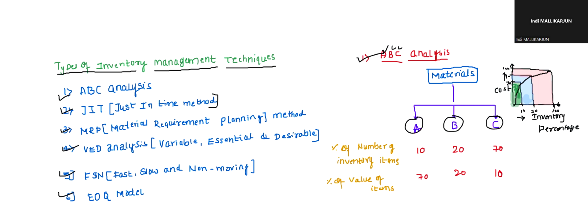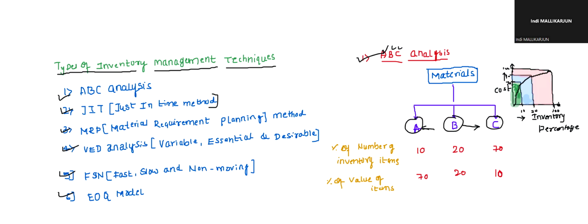But those are very important and very essential. The materials which have more price and more priority will be categorized as A. Material B has less priority comparatively than A, but more priority compared to C. Like that, we categorize material B in category B.